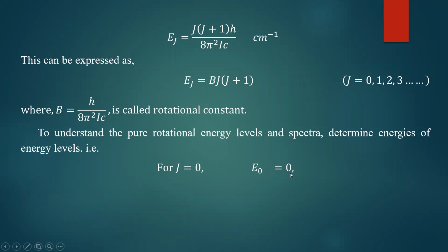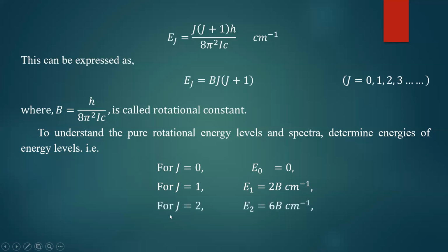So the ground rotational energy is 0. For J equal to 1, E_J will be equal to 2B, because 1 into 1 plus 1 is 2. So you get E1, the first excited state of the rotational energy level, as 2B centimeter inverse.